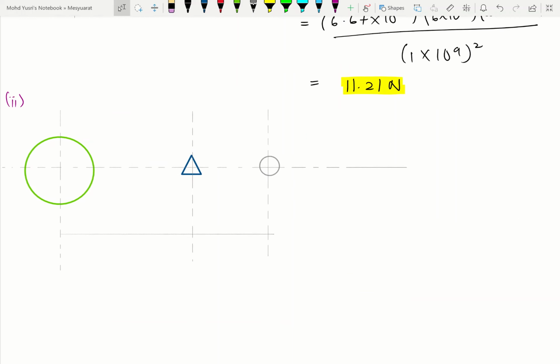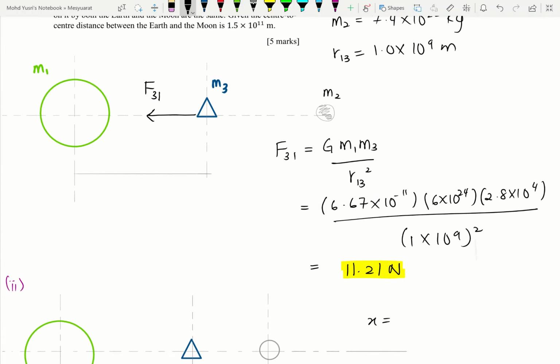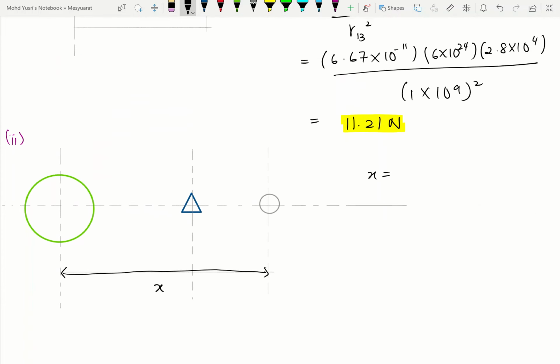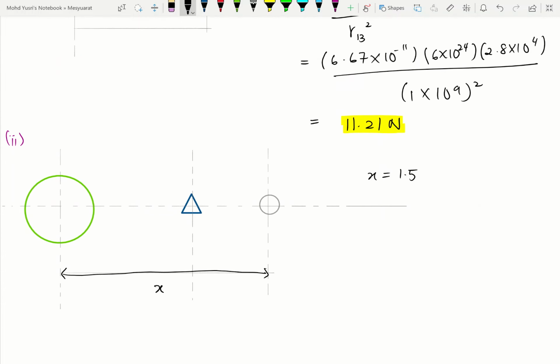So now, the distance between the Earth and the Moon, let's say it is x, and x is given by 1.5 exponent 11 meter.